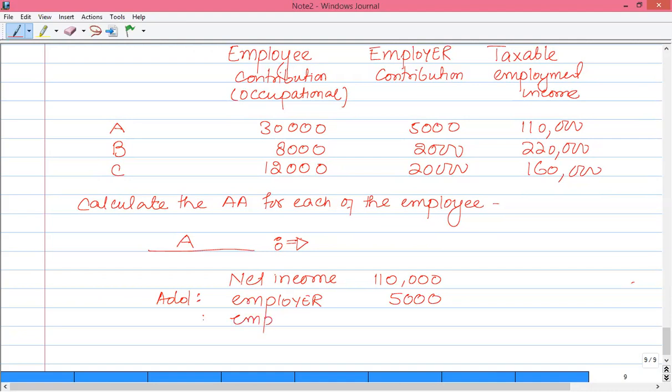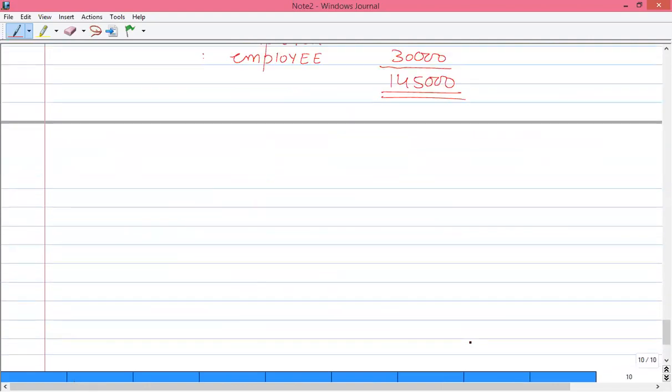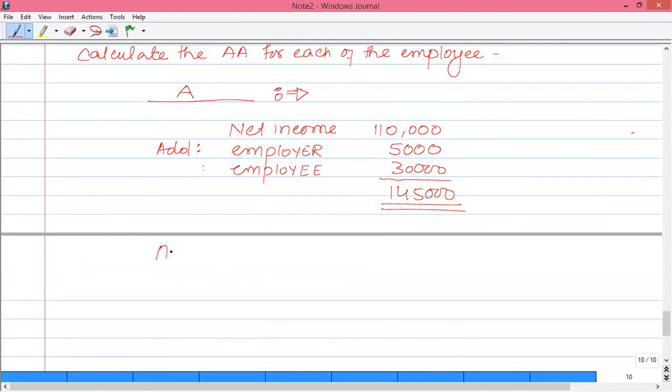Also employee contribution, that is 30,000. In this way, we'll get a value of 145,000. As this is less than 150,000, the available allowance is 40,000.